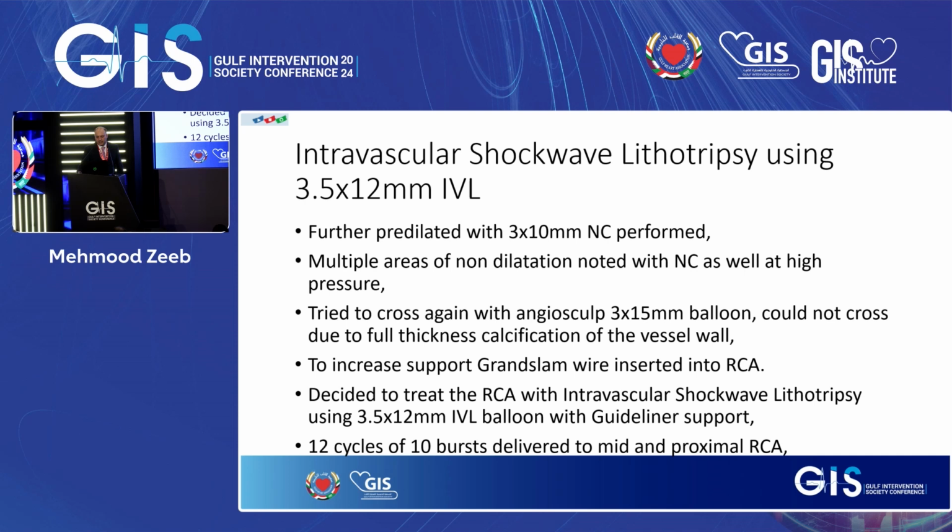I tried to cross the lesion again with an Eon scoring balloon. However, it was difficult to cross, so at this stage I decided to increase the support by changing to a Grand Slam wire and used a guide liner and decided to go for IVL.